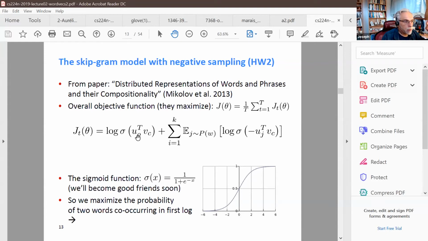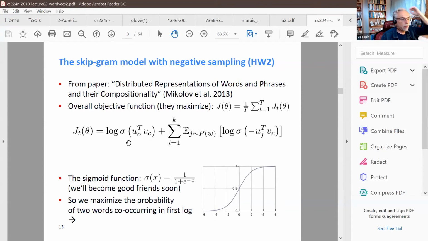The sigmoid function maps a number, and that's what the dot product is, it's just a number, to something between 0 and 1. It squishes all the numbers to between 0 and 1. These vector dot products in the embedding space can be any number from negative infinity to infinity, but the sigmoid function squeezes them to between 0 and 1.